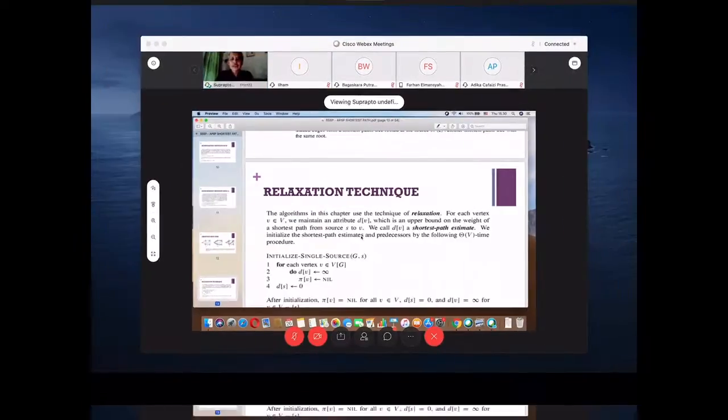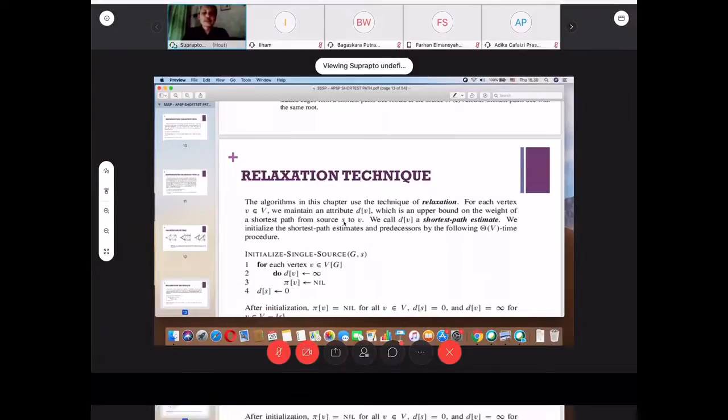Is it clear? Remember this because the source is very specific.